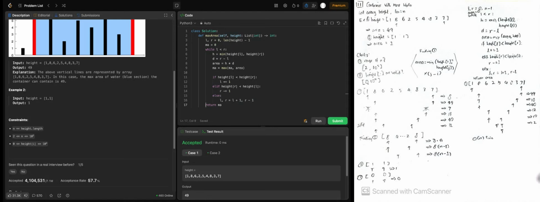So O(n), we could not do any better because O(n) is the time to go through all the elements in the array. So it is a cost that we must spend. And then the space is simply O(1) because we don't create any additional array here.